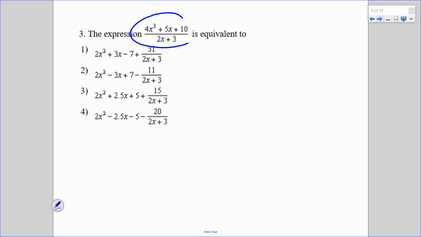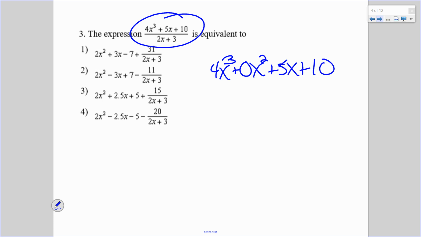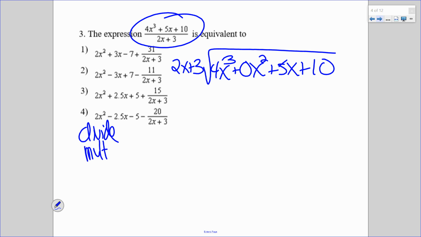Division. To divide polynomials, we're going to use long division. Now, because there's no x squared term, I have to put 0x squared to hold the place. When you're doing long division, divide, multiply, subtract.